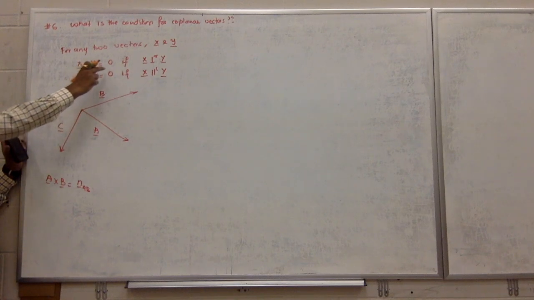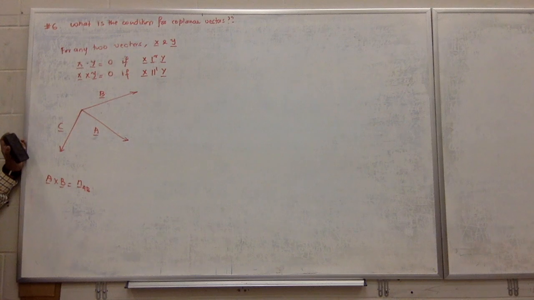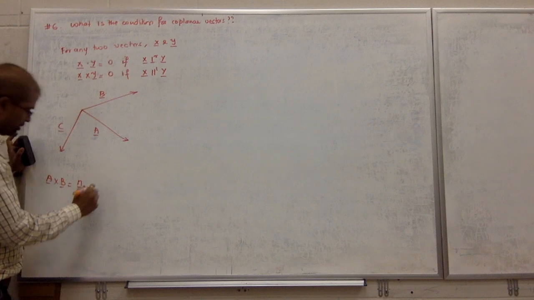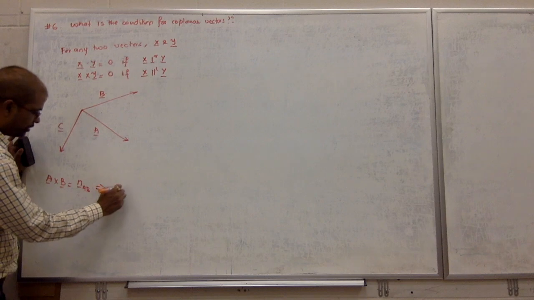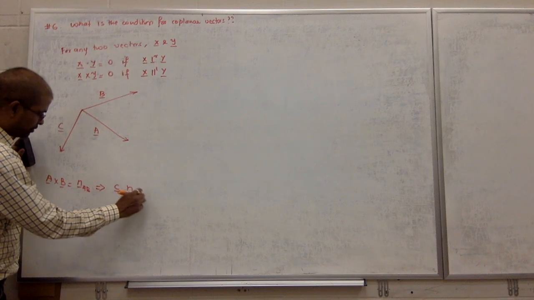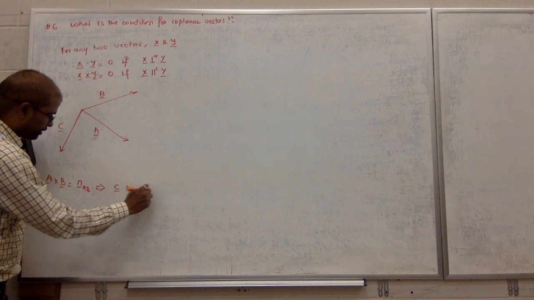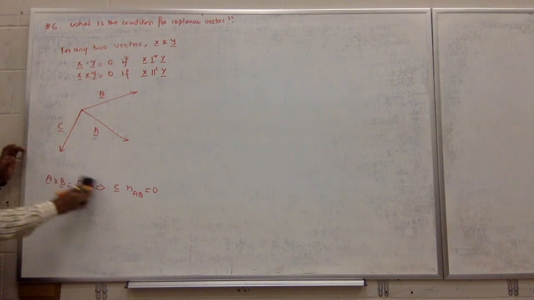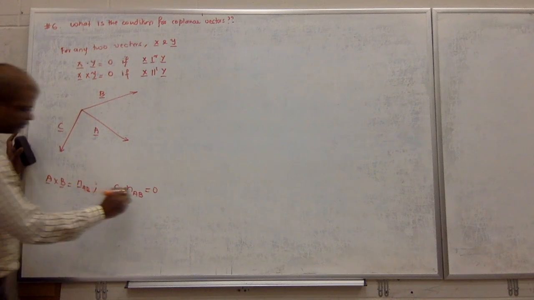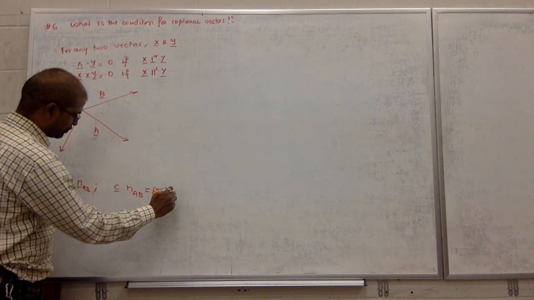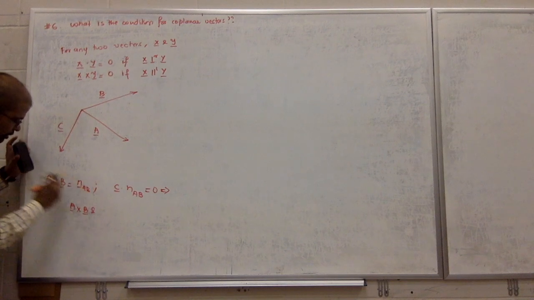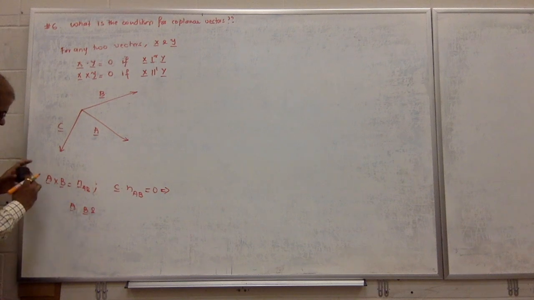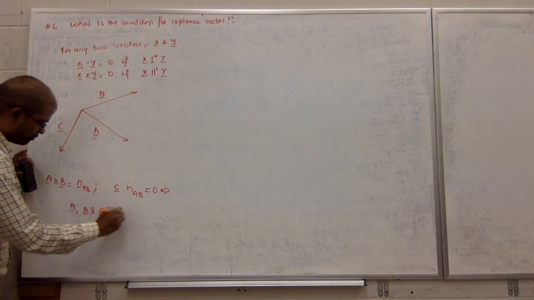So if you dot that with C, you're going to get 0. That is the condition essentially. Okay, so you can write this as C dotted with N_AB. If this is 0, this implies A, B, and C are coplanar.